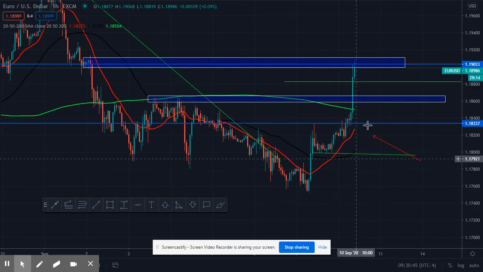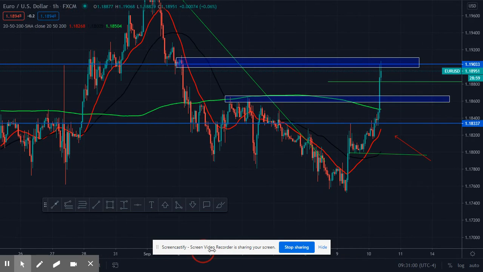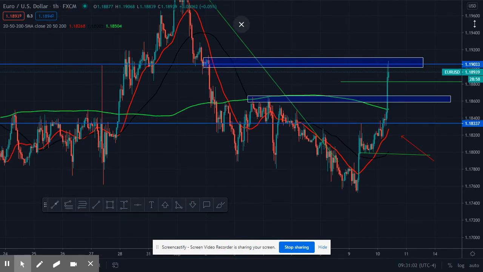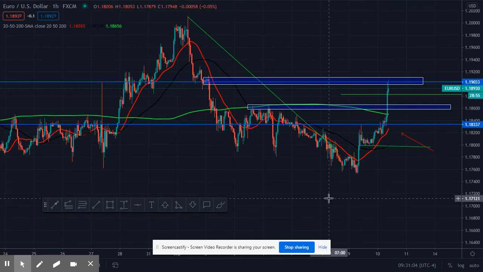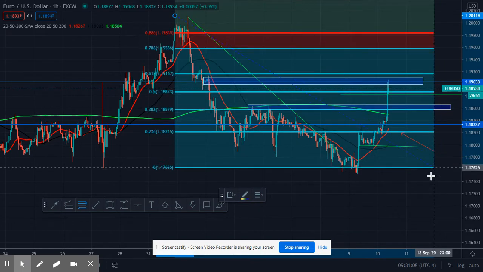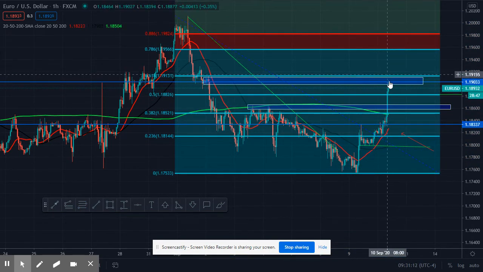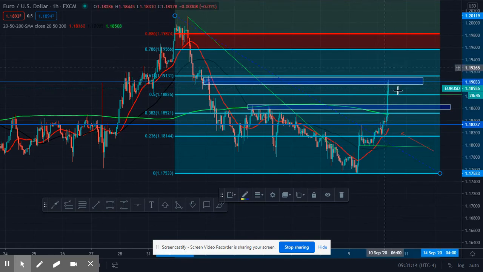So I'm giving you two scenarios that it could have happened. But it just plowed through. And now we're up, okay? Let's see what retracement level this is. All right, we're close to the 61% retracement area.